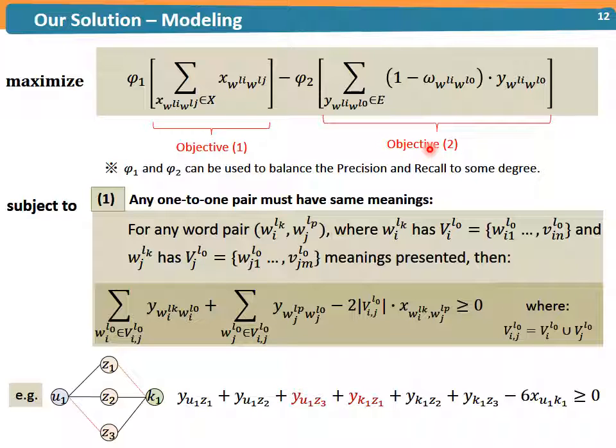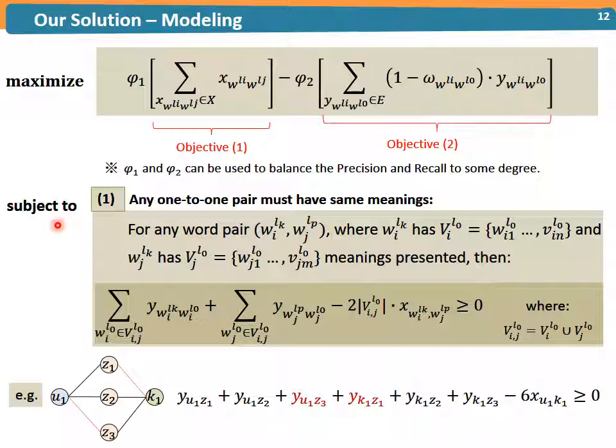The second part represents our objective to minimize the number of incorrect meanings added. We also put two parameters, φ1 and φ2, and during the experiment we observed that by adjusting the value of these parameters, we can balance the precision and the recall of the output dictionary.